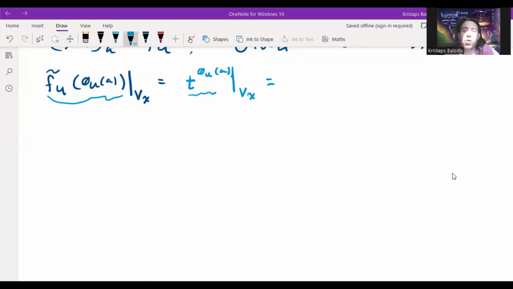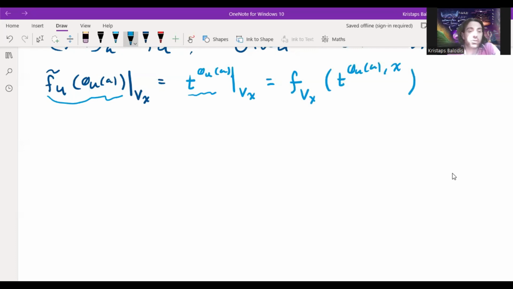But we know that by construction, the restriction of this thing is exactly f of at Vx of t theta u a comma x, right?